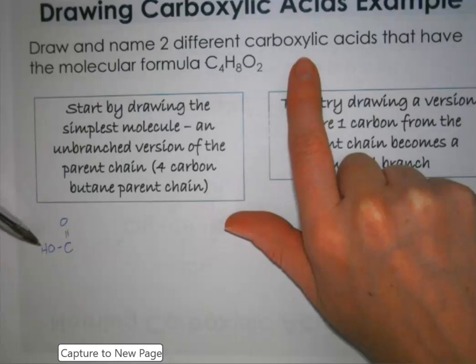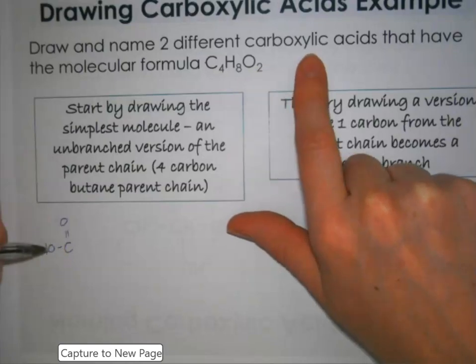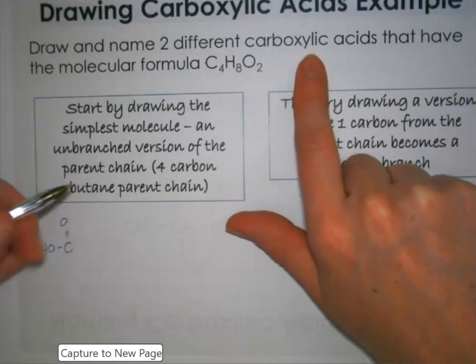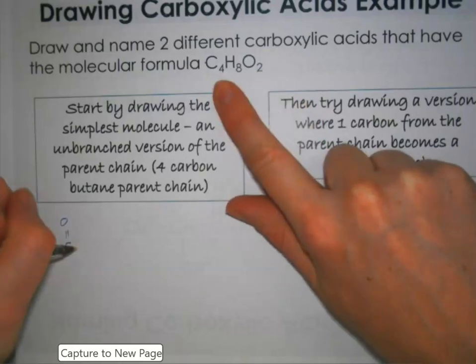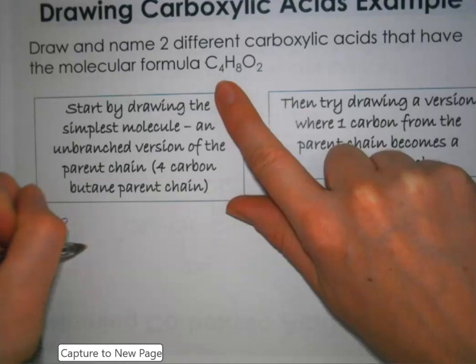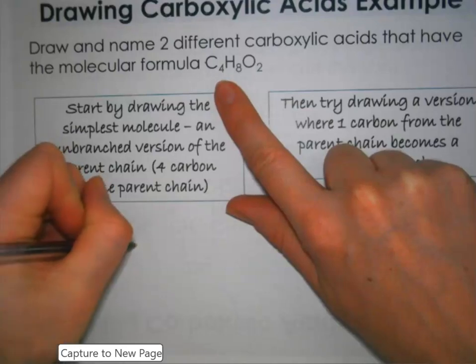So you should always be drawing this HO, not OH, and then bonded to the carbon with the double bonded oxygen. So now we have the end, and with carboxylic acid it always has to be at the end, so that makes it pretty easy to draw. And then we just have 4 carbons. So if this is our first one, we want to have 1, 2, 3, whoops.